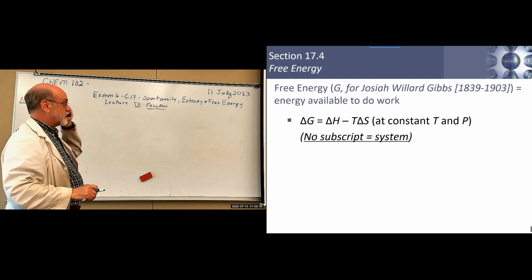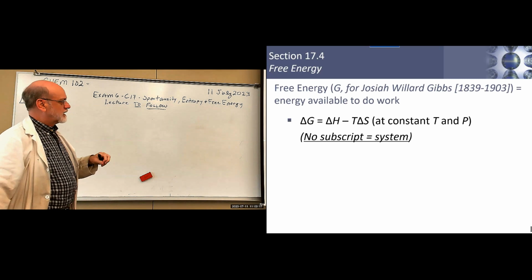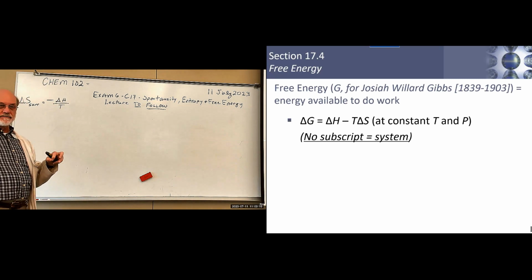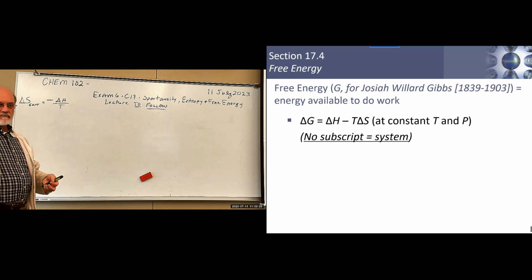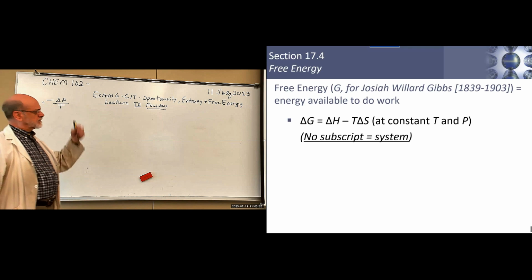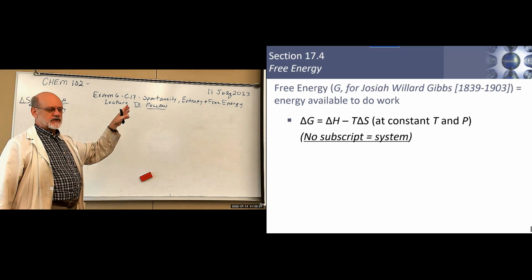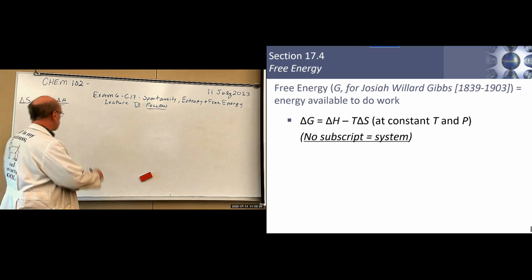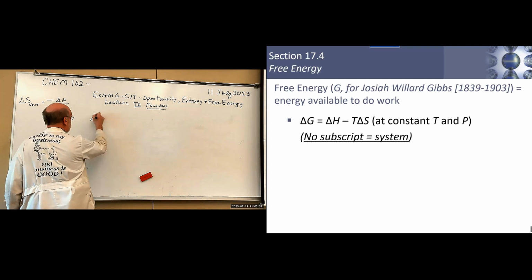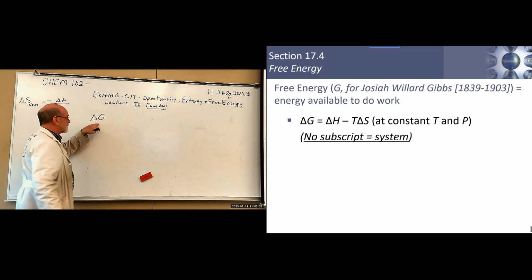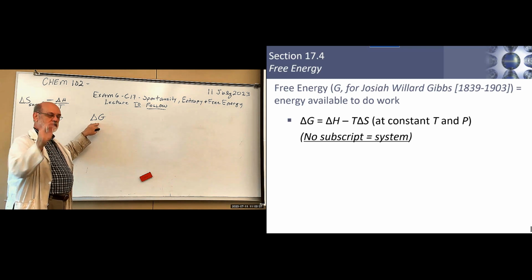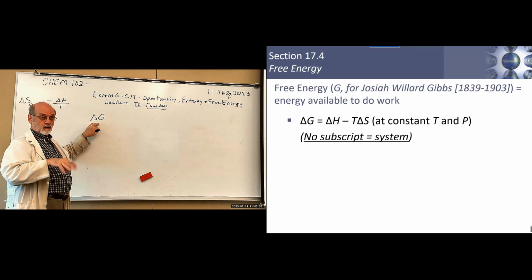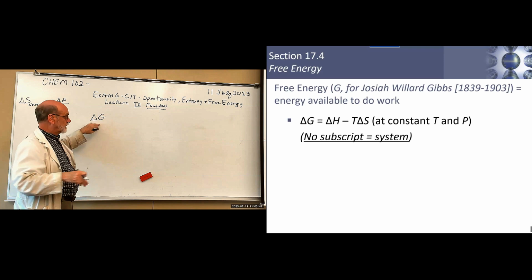And what he came up with was an expression of the free energy, and we give it a delta G in honor of Gibbs. There are other versions that other people are working on, but this one's the most commonly used, so we're going to focus on that one. So the free energy is the amount of energy change in a reaction that is available to do useful work, that is, force times distance.